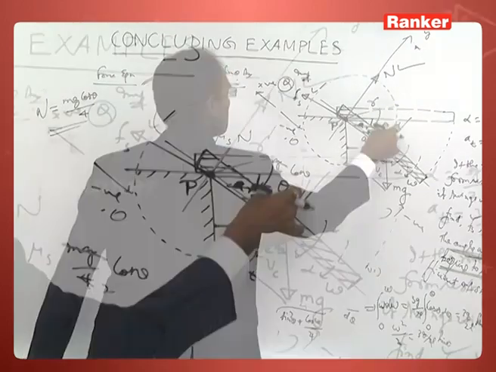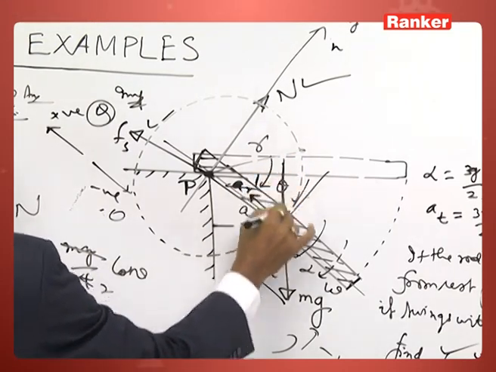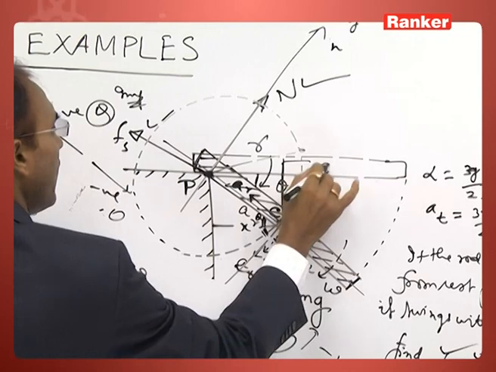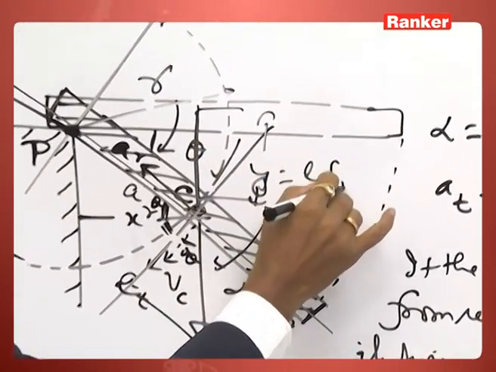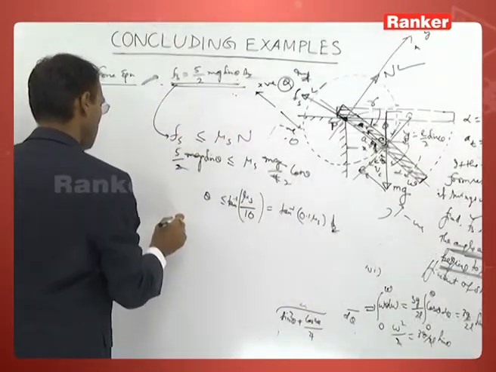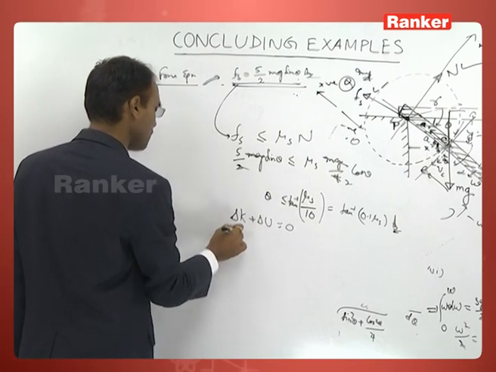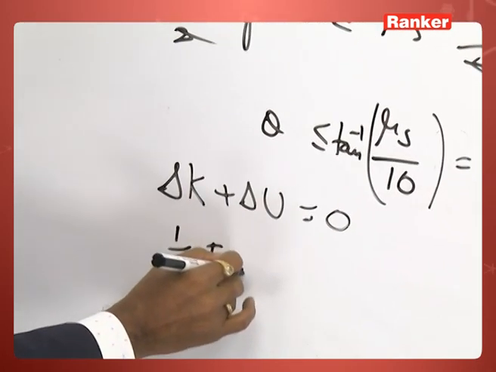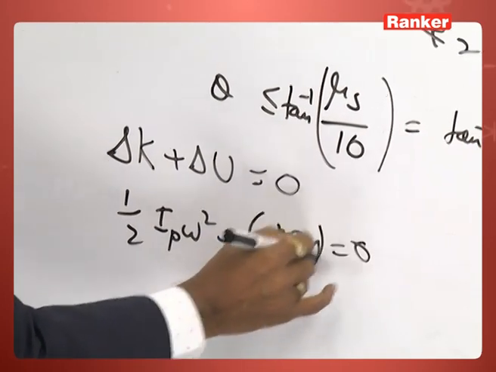Just take these two positions, and the center of mass comes down through some vertical distance. Let's suppose y, and y is equal to L by 2 sin theta. Change in kinetic energy plus change in potential energy will be equal to 0. Kinetic energy change will be half Ip into omega square. Potential energy change will be minus mgy, that's equal to 0.